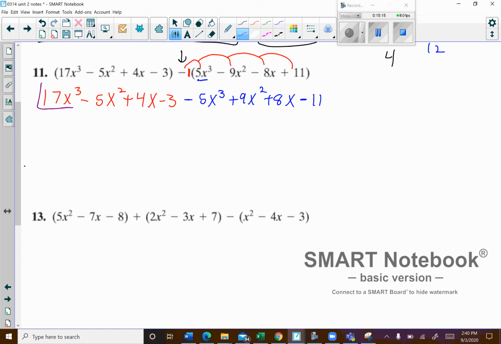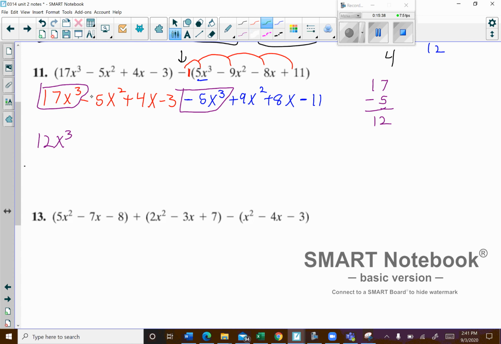So I have 17x cubed minus 5x cubed. One's positive, one's negative, so take the difference. That'll give me a 12, and it'll be positive because the larger was positive. So 12x cubed.